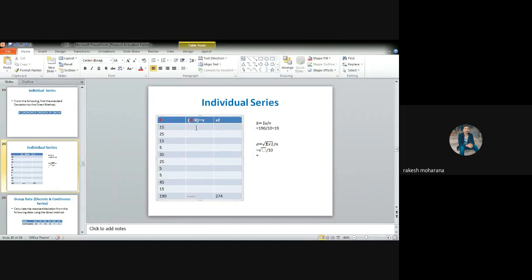Minus 4. 25 minus 19, that is 6. 5 minus 19, that is minus 14.